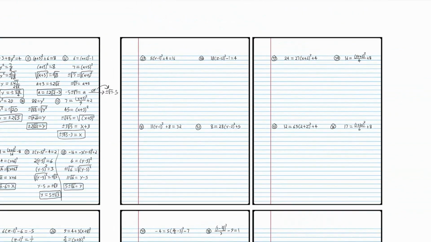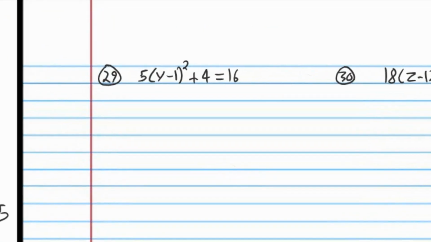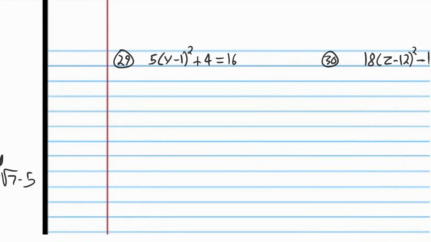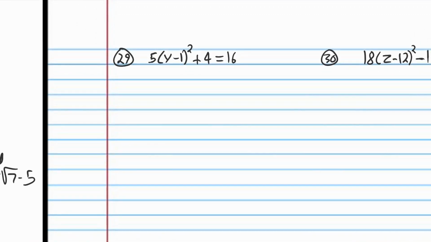Looks like we have 40 problems total. Let's do this one together. 12 over 5. And we're going to square root both sides.